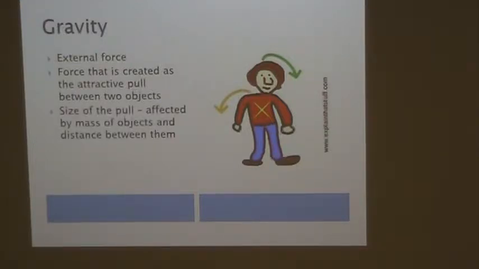And with the pull, it's affected by two things: the mass of the object as well as the distance between them. So the bigger an object is, the greater the pull of gravity toward the Earth. The further away an object is from the Earth, the less gravitational pull there is.